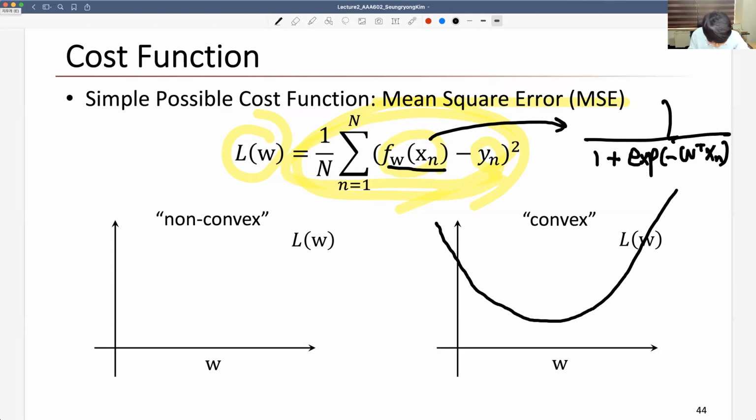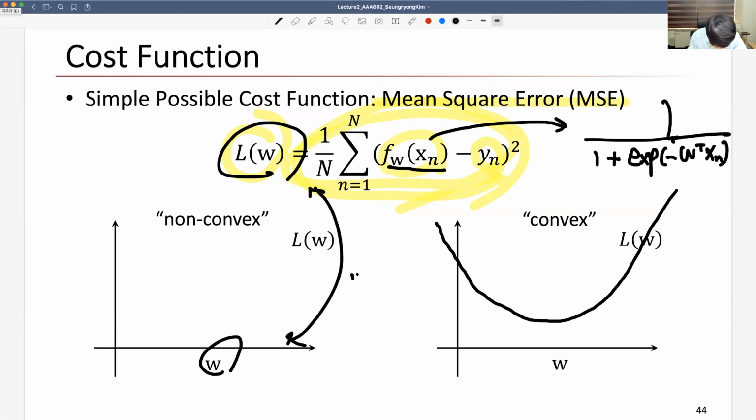So this loss function with respect to W is not a linear mapping relationship anymore. This is a nonlinear mapping relationship, right? So in this case, the cost curve looks like this one.